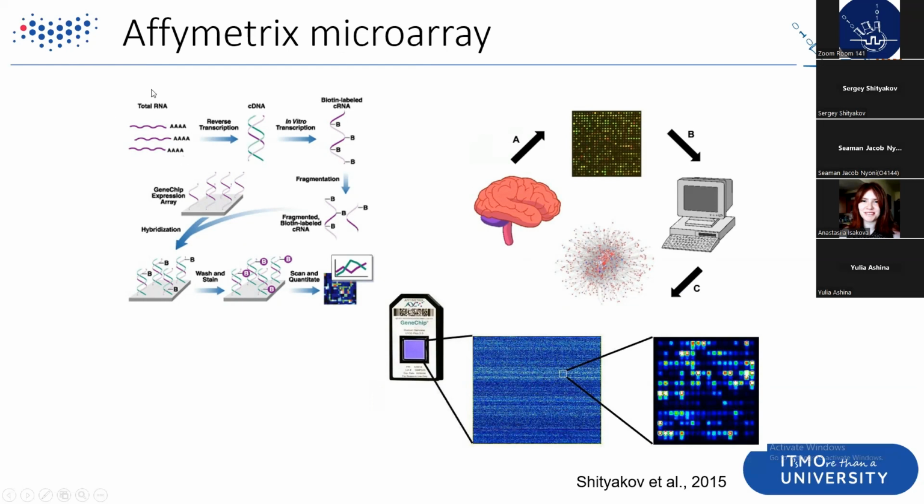where we have the total RNA with the poly A tail for stability. Then we use reverse transcription if you want to analyze the transcriptome, producing complementary DNA.